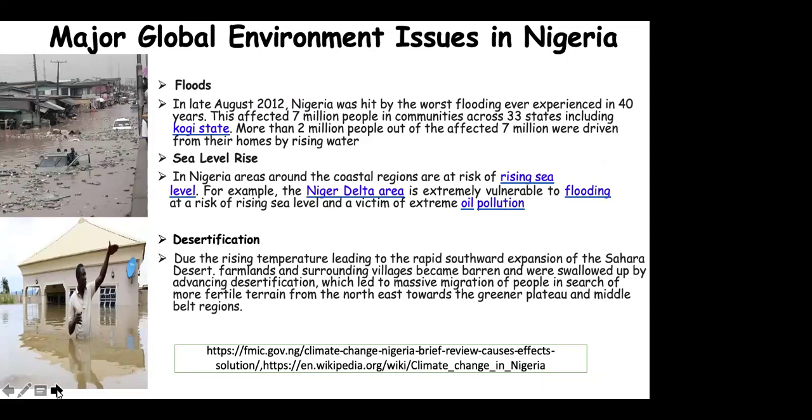The one up, because cars are submerged. Yes, that has submerged. It normally happens close to Kogi State.